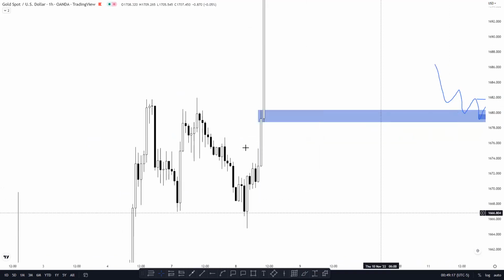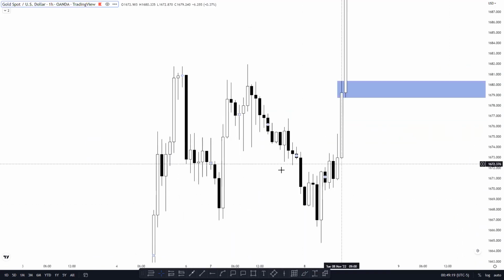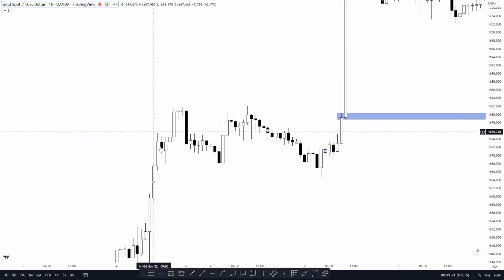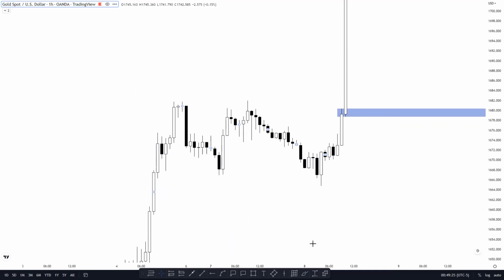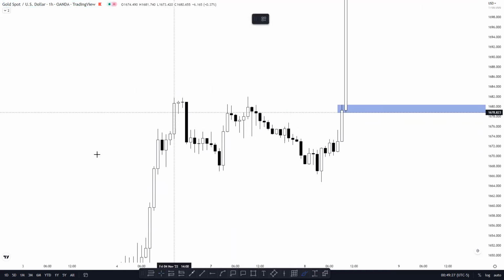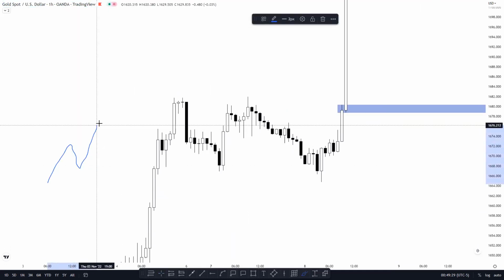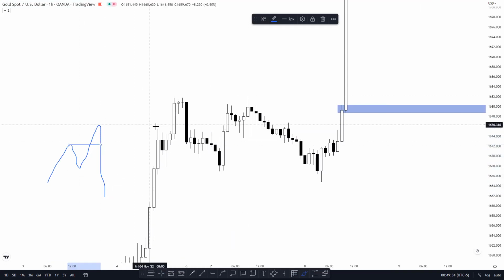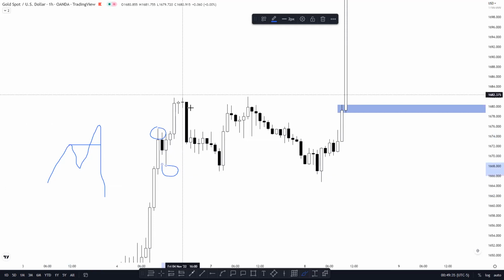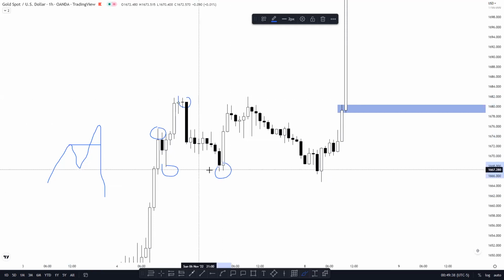You understand? So you see in here as well, market was creating a higher high, higher low, higher high, and a lower low. In here, higher high, higher low, higher high, and a lower low, because this low has broken below this low.